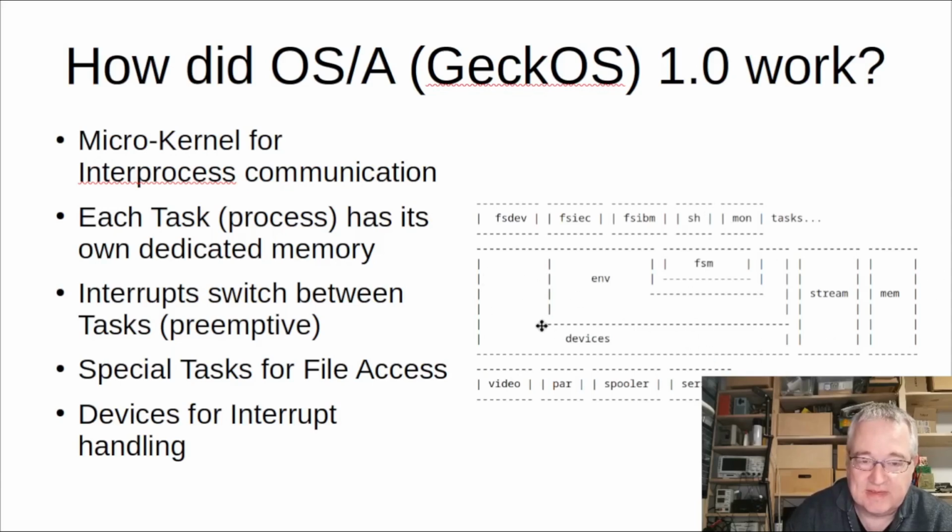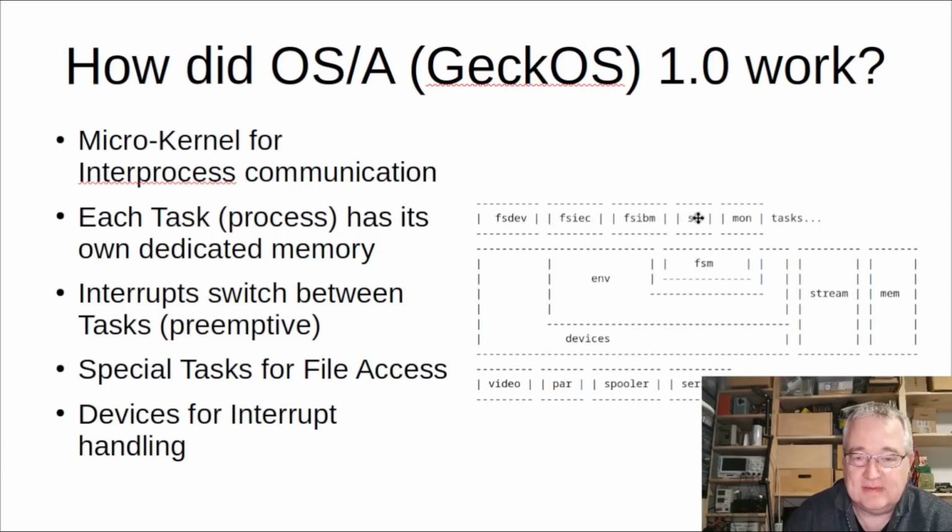It consists of a device feature, device communication, so you can use them. Environment is the feature that switches between the different memory configurations in the MMU. File system manager is actually one that just enumerates the different file systems. I'm going to show that later.